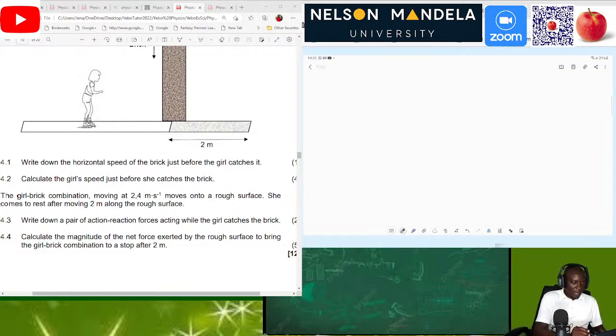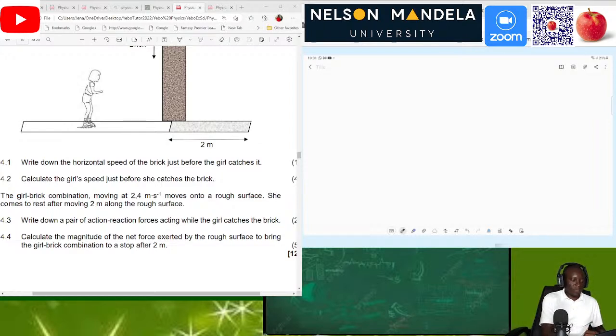Let's see if both methods will give us the answer. In this case, we're saying half mv squared, where the mass is the total mass and v is v1, should be equal to the frictional force times the displacement.